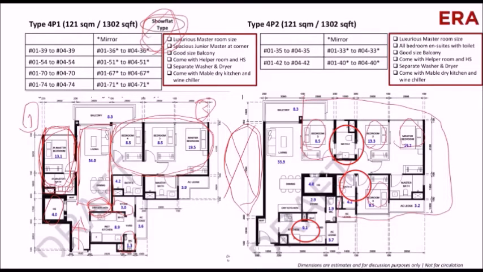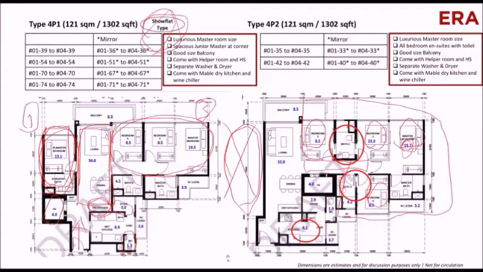So this one has a slightly longer corridor. But once again, you can see that all the bedroom sizes are similar, from 2 bedroom, 3 bedroom, to 4 bedroom. Over here it's still a very sizable 8.5 square meters. The master room is 19.2.